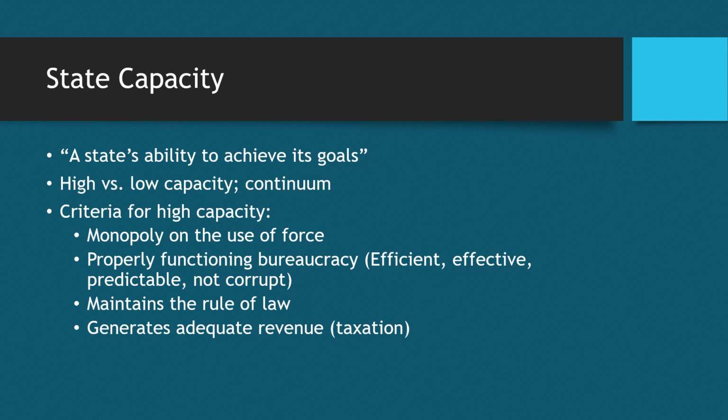You won't have to pay a bribe in order to get your driver's license. It'll be predictable. There's a fee to renew it, and you know what's going to happen. And even though it may take longer than you want, you can be reasonably sure that when you go and interact with that bureaucracy, it will do what it's supposed to do. So a properly functioning bureaucracy is a sign of high capacity.